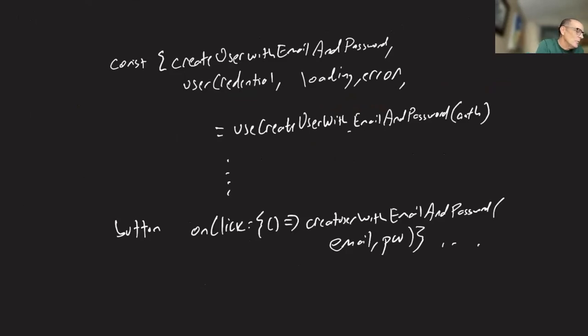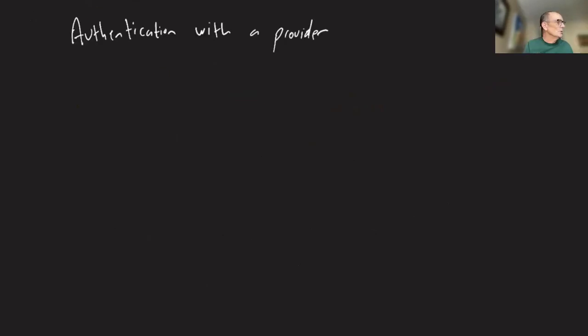Let's look now at how we might do authentication with some separate provider. We'll do a Google login for this. What we do is initialize in the same place we're initializing the database and the authorization. We just need to do this one time outside of any component. We could just do a Google provider.